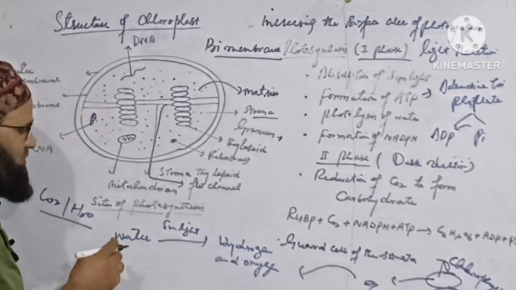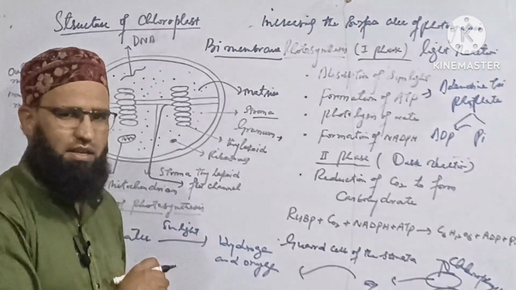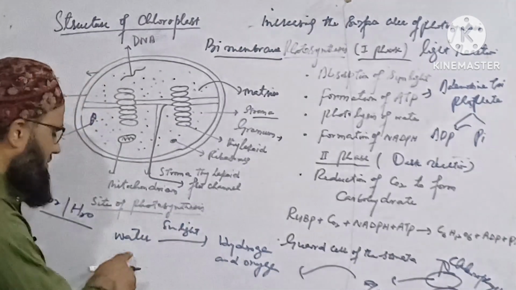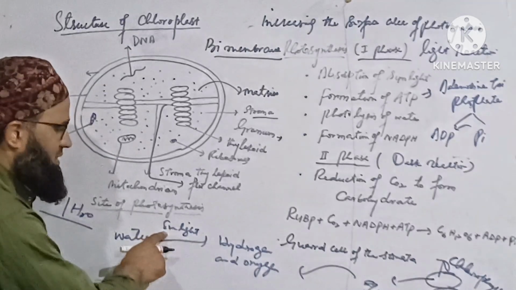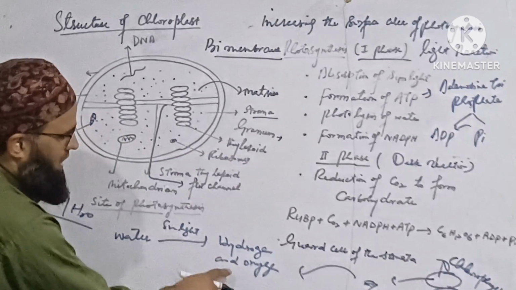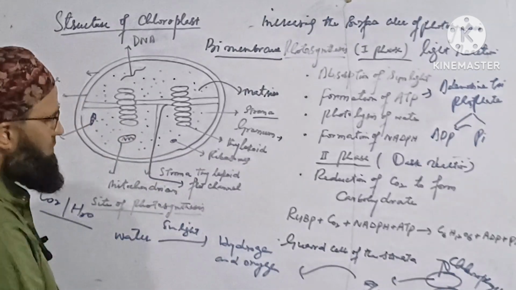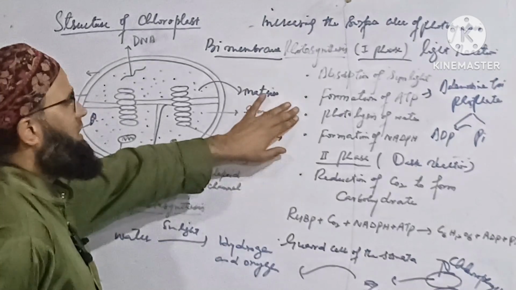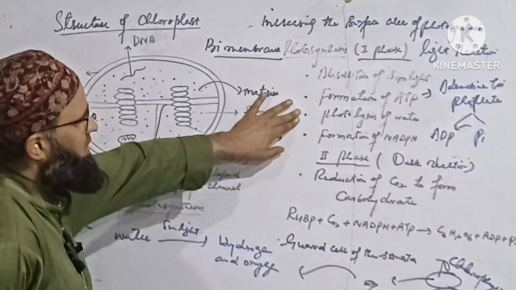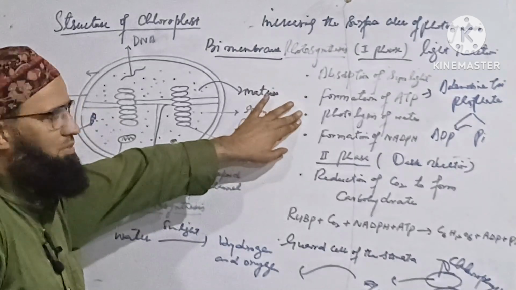Photo means light, lysis means breakdown. That means water is broken down in the presence of sunlight, and there is a release of hydrogen and oxygen. So in the third step of the first phase, the light reaction, photolysis of water takes place.